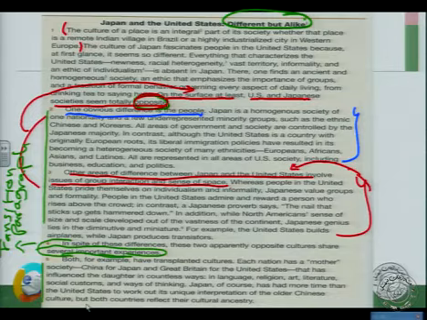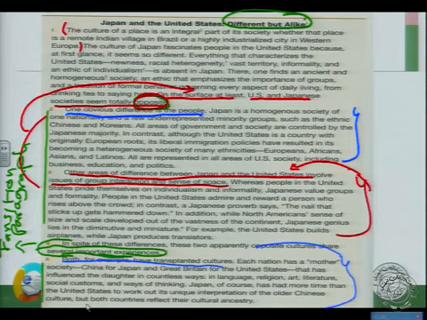Both, for example, refers to Japan and United States. Both, for example, have transplanted cultures. That is one. So now it wants to tell me that the United States and Japan share several important experiences. The first experience is that both have transplanted cultures.